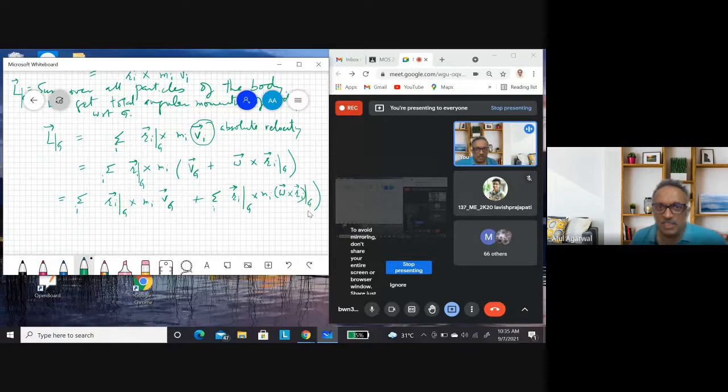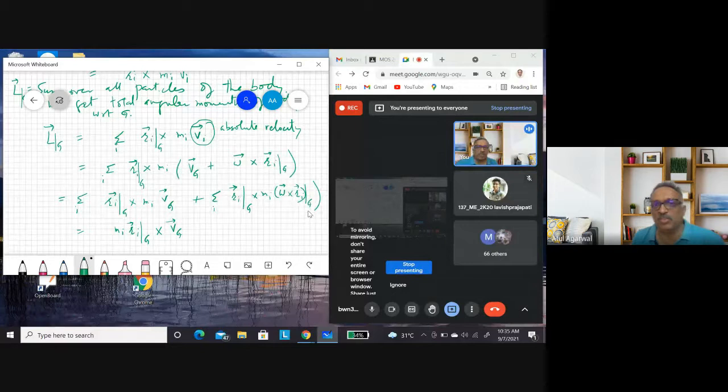Any problem with this? So you see here, Mi is a scalar. You can call it Mi, Ri, Vg is only one quantity. It is constant. It is the velocity of the centroid.